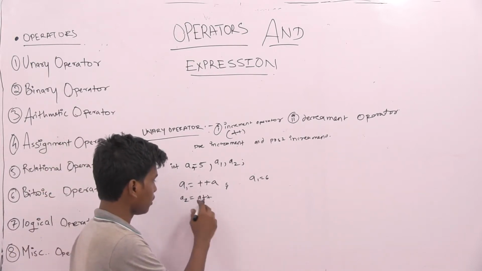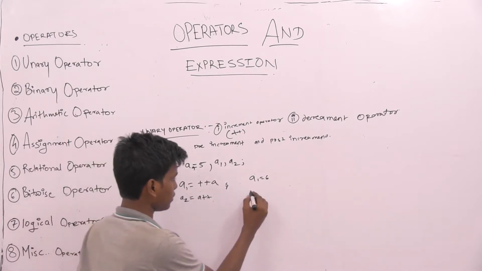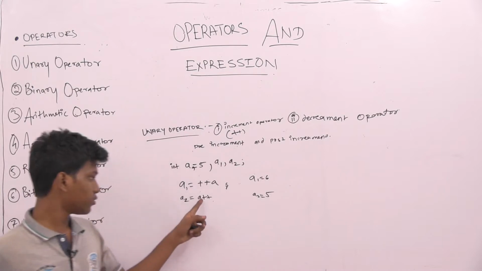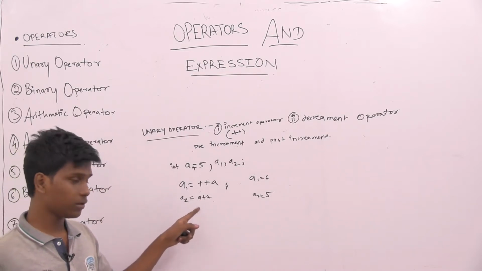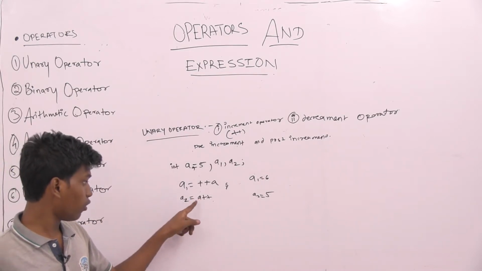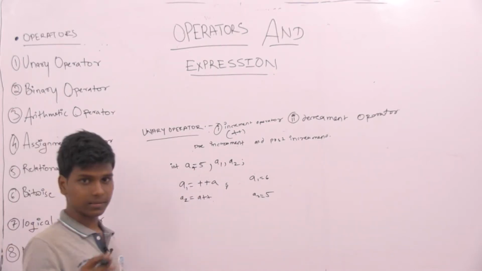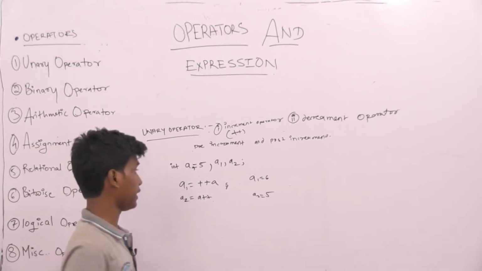So here the value of a still remains the same, 5. As the variable a is taken first, the value of a is increased, but it is operated in the next program line. For that, let's take an example a3.